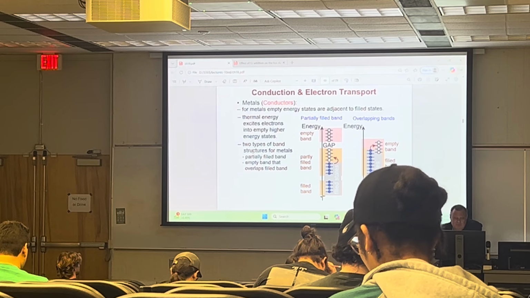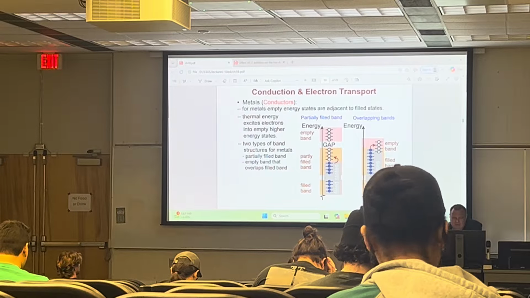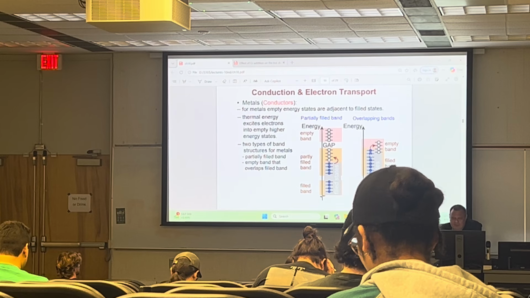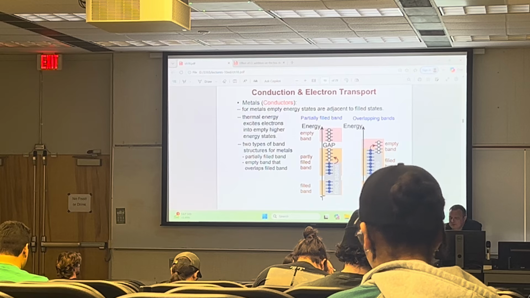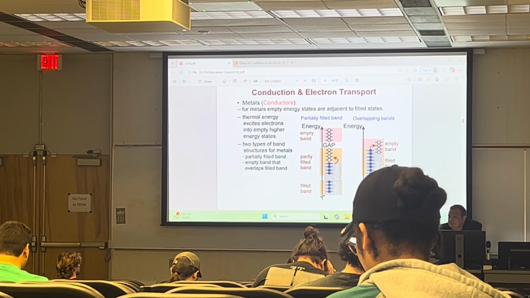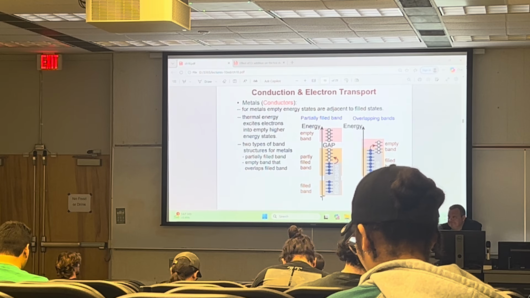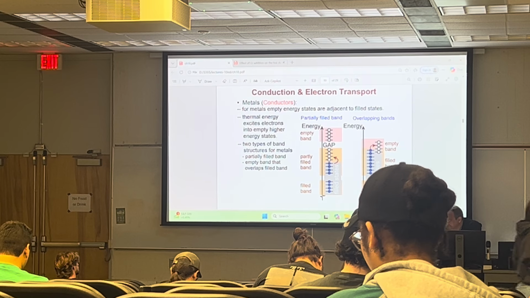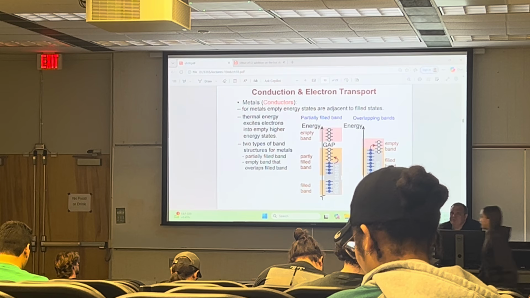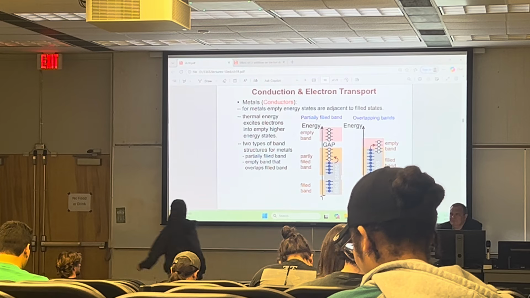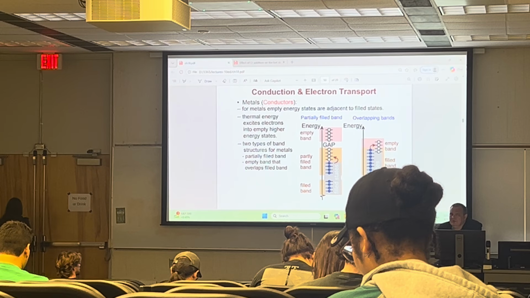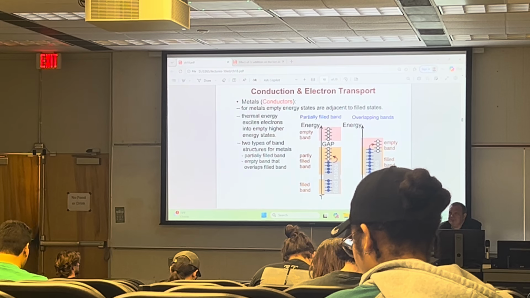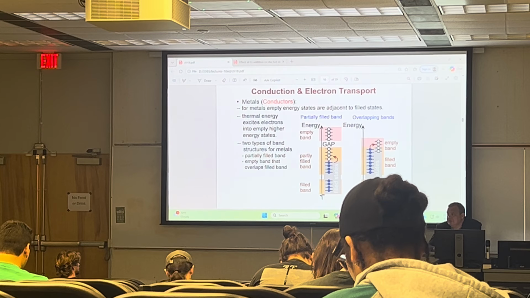So there are two types of band structures: partially filled band and the empty band that overlaps the filled band. And this is for metals. And remember, when we talked about metallic bonding, what was the term? Did we use the term sea of electrons?